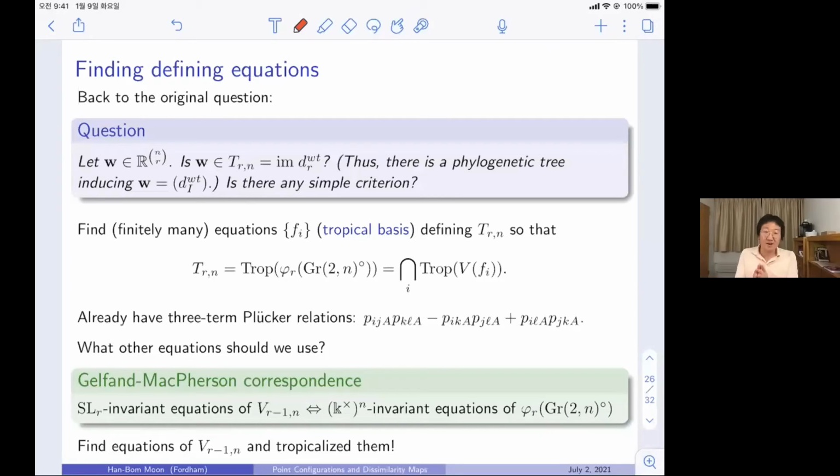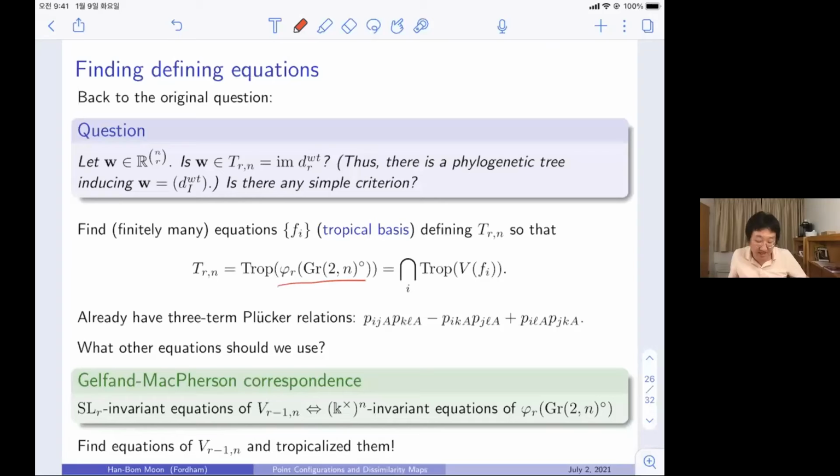At the same time, we know that T_r^n now has a tropical variety structure, so we can ask the following question. Let's find finitely many equations f_i defining T_r^n in the following way. We are not going to calculate the equations of the abstract fan directly. We are going to calculate the equations defining the image of Grassmannian G_2^n.